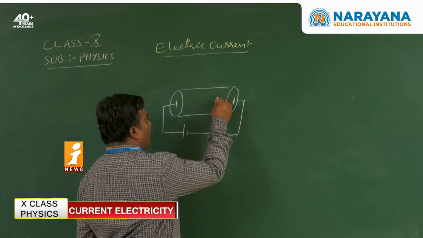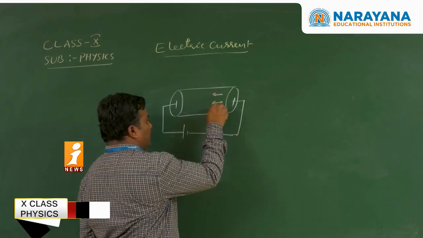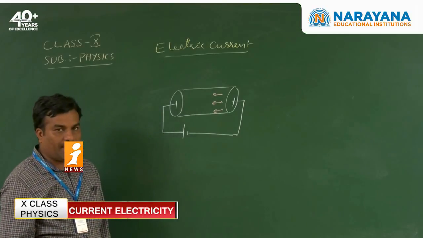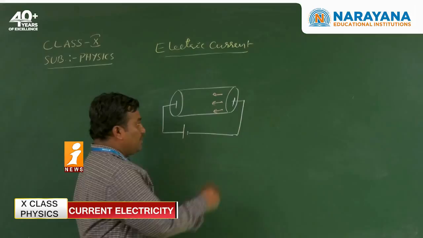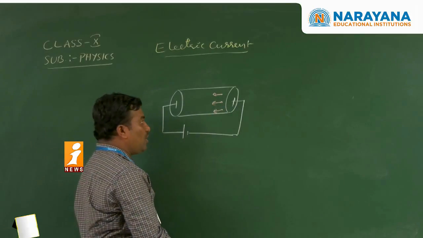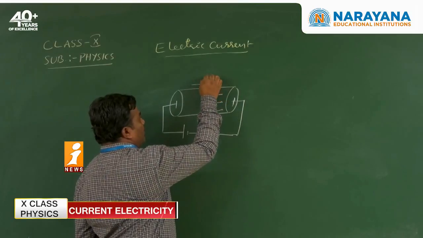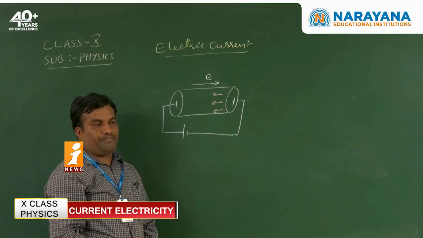So the electrons can move in a specified direction due to the electric field applied across the conductor, but these free electrons always move opposite to the electric field direction.